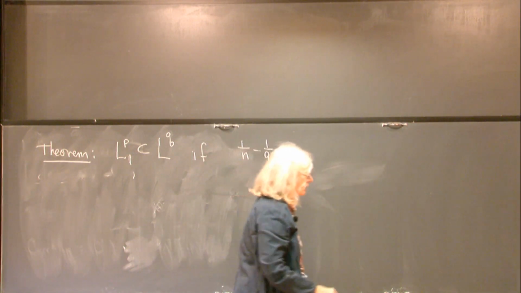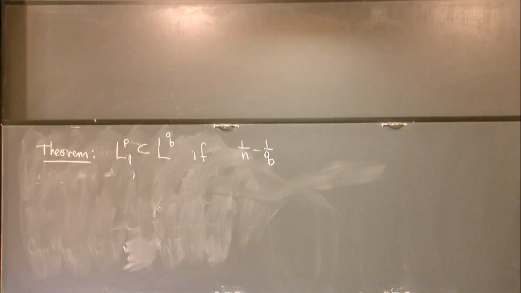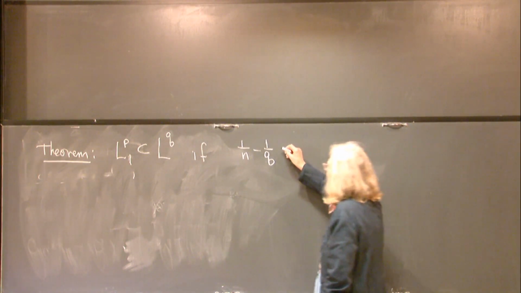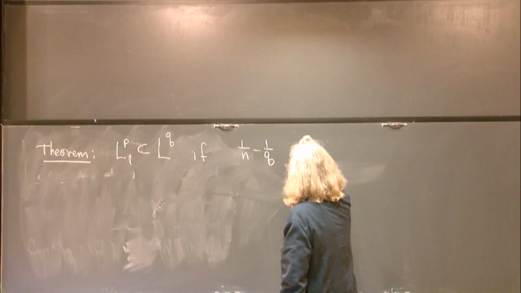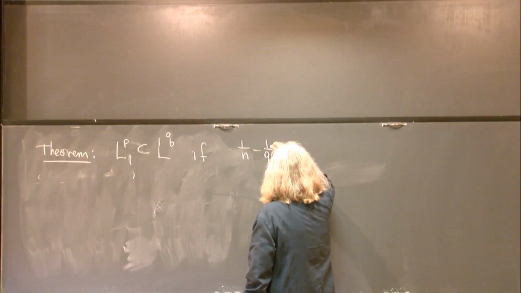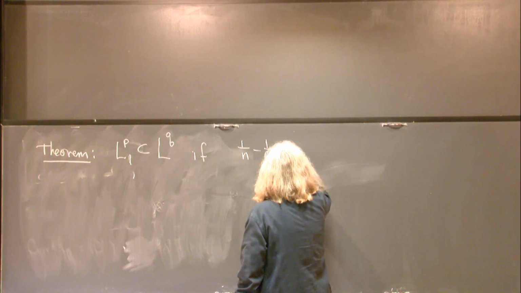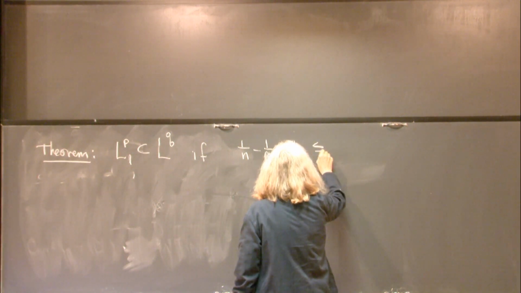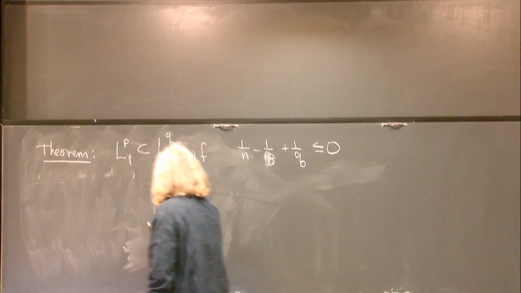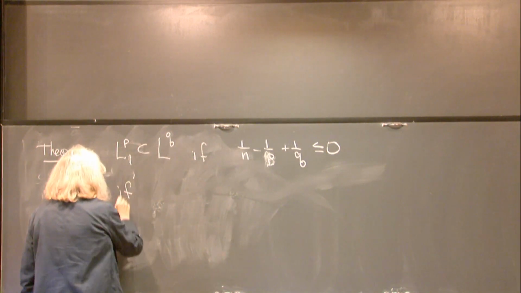I have to figure this out. Sorry, I'm clearly not getting it. Let's do 1 over L2; this is 1 over p. I think I have it right.